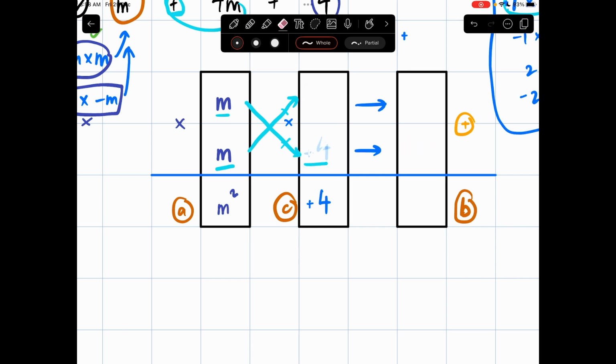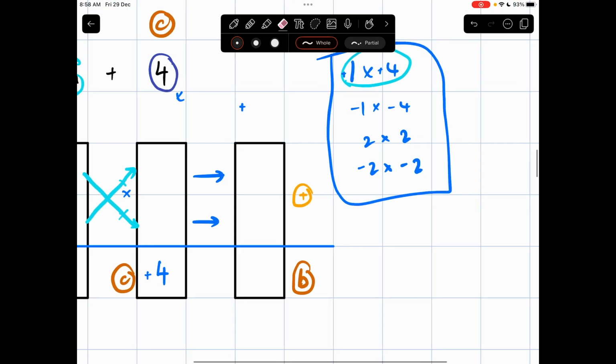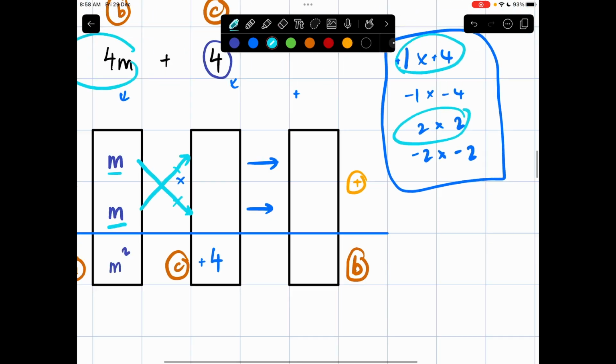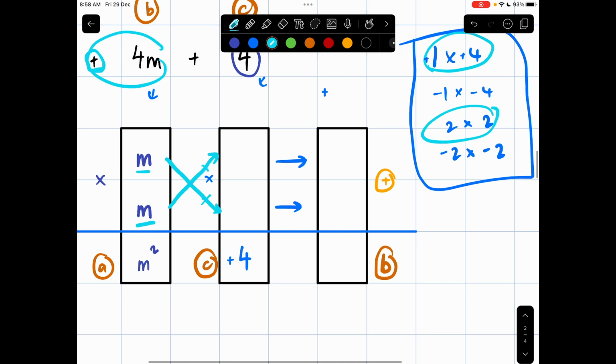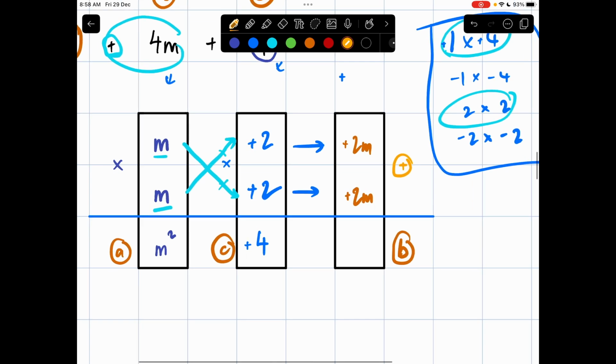And now let's switch it up to 2 times 2. So let me put 2 right about here, plus 2, and once multiplying we get positive 2m and positive 2m right about here, and we add them together, we get positive 4m.